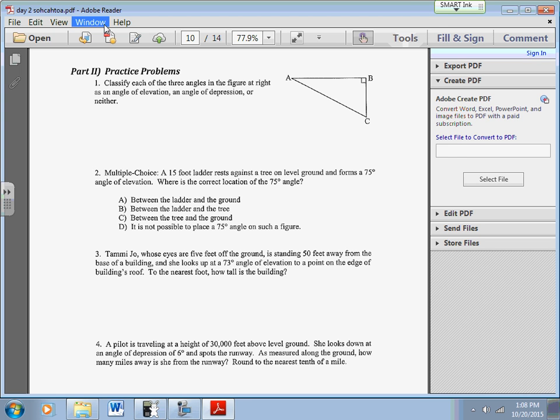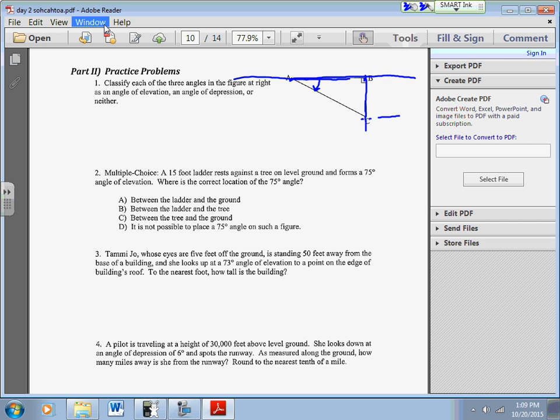The horizontal line, that was from the letter A to the letter B. That horizontal line is the line that you want to pay attention to. Classifying the angle, so for example, this angle right here would be labeled an angle of depression. Over here, angle B would not be labeled angle of depression or elevation.